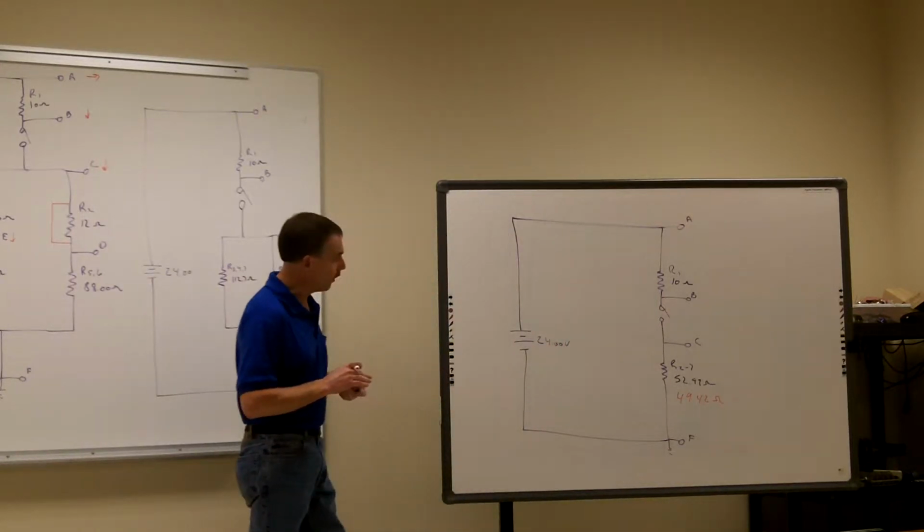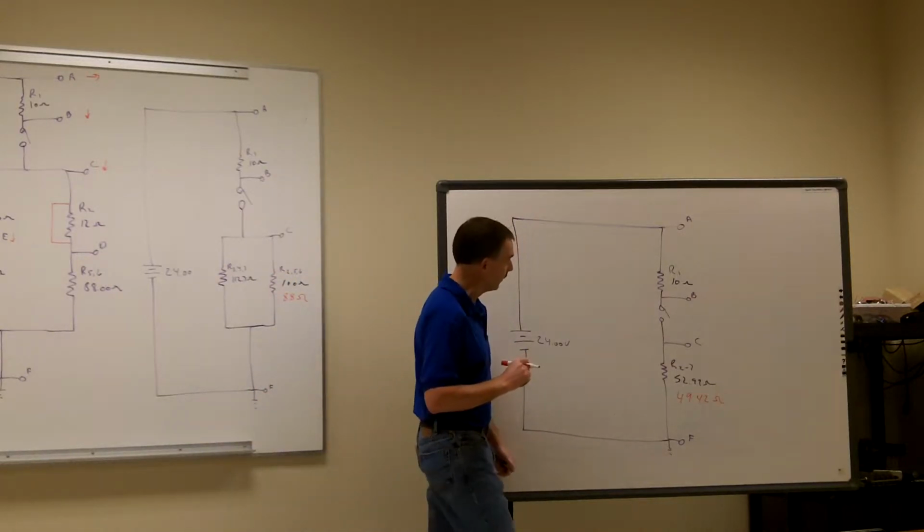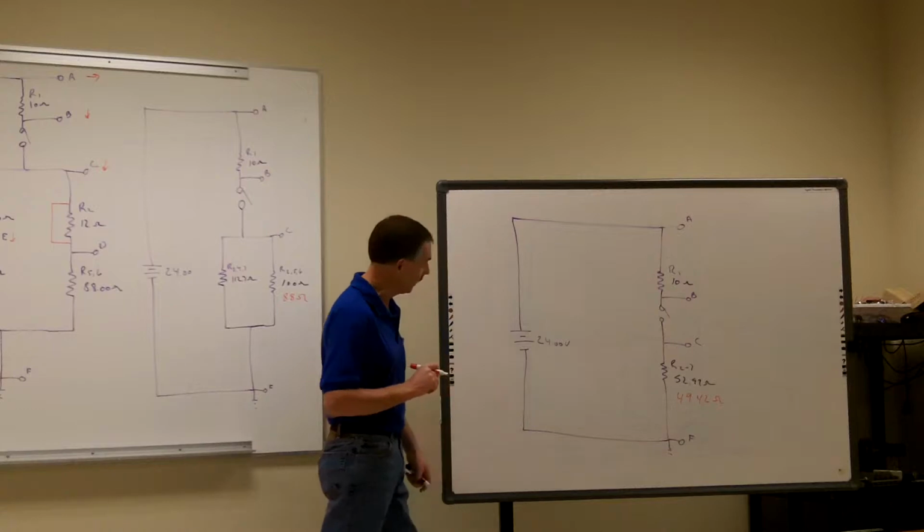Once you find the value of one, the other one is just the remainder of the 24 volts. So it doesn't matter which one you calculate off, and just take the remainder and the rest of it goes across the other resistor.